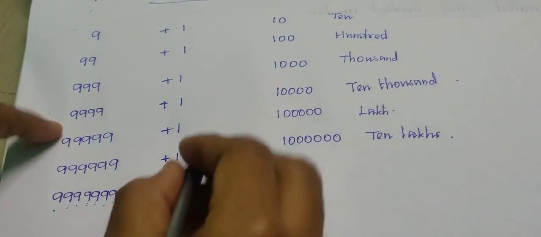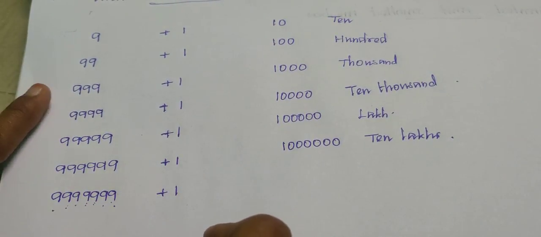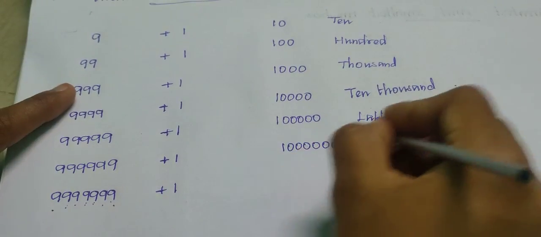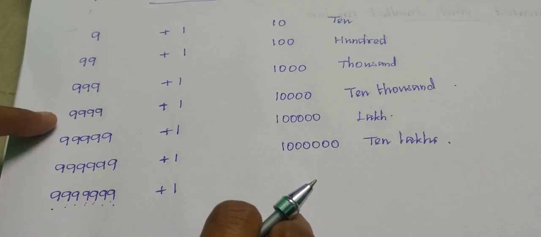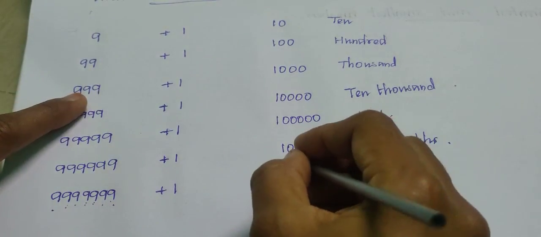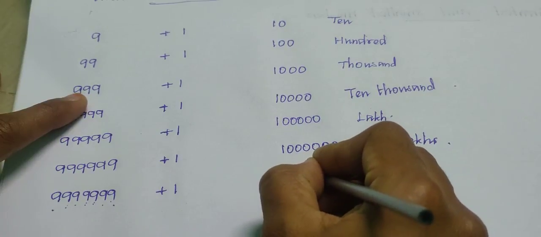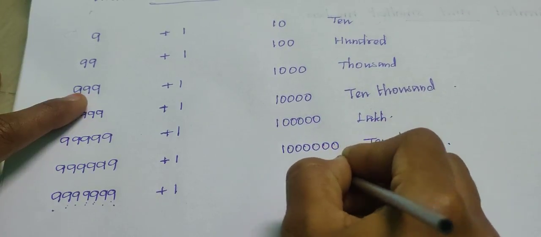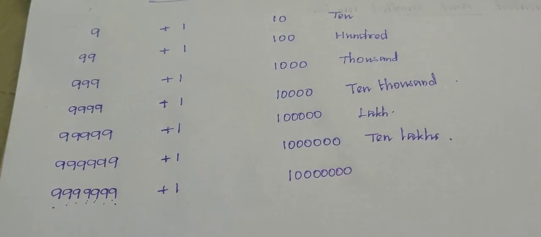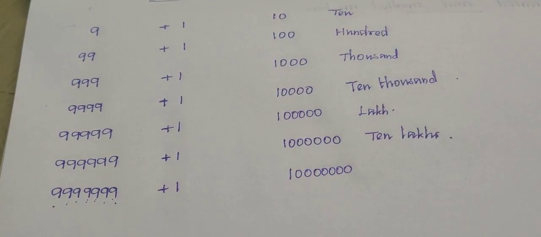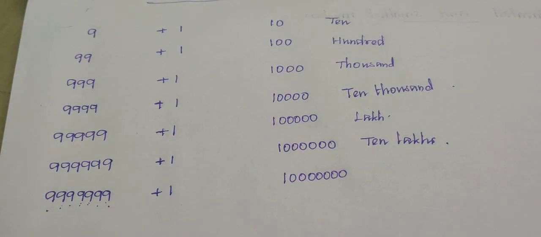If you are adding plus 1 to that, what will you get? We will get crore. Crore means how many digits? 8 digits. Crore is the smallest 8-digit number.